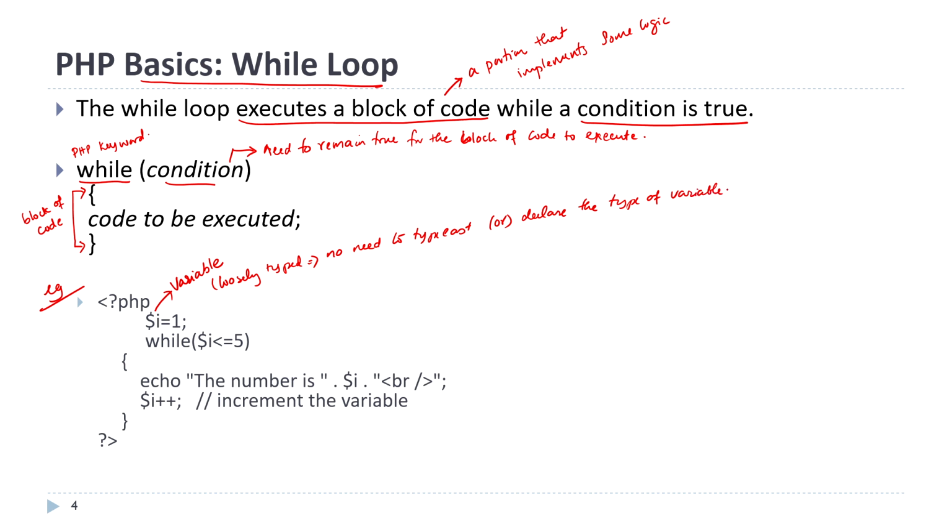PHP immediately recognizes that 1 is an integer value, so it declares $i as an integer by itself.